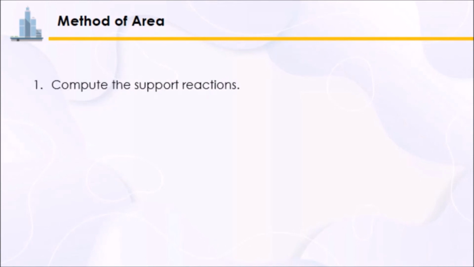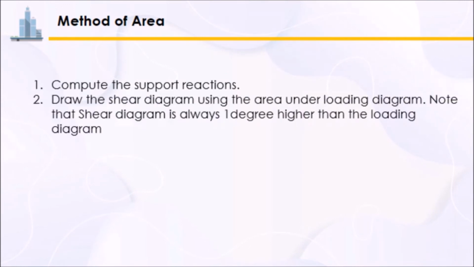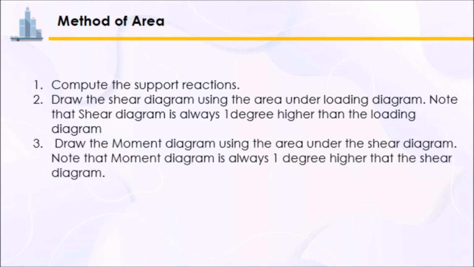Paano ba ito ginagawa? So, una na diyan is, again, compute the support reactions of the beam. Next is to draw the shear diagram using the area under loading diagram. Note that shear diagram is always 1 degree higher than the loading diagram. Yung area ng loading diagram, yun yung gagamitin natin para malaman yung shear value.